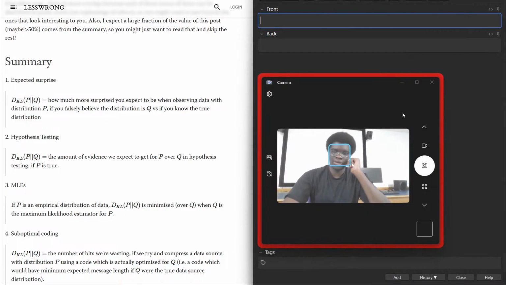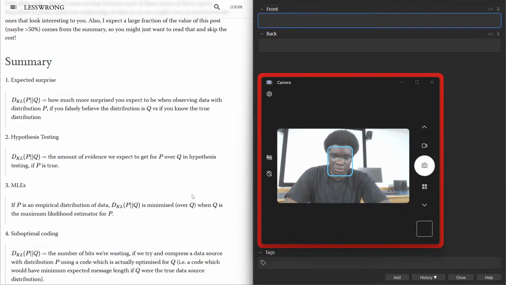I'm not sure the hypothesis testing one is the most useful. I'm coming at this from the point of view of machine learning, and hypothesis testing is frequentist statistics, which is not really what we care about.